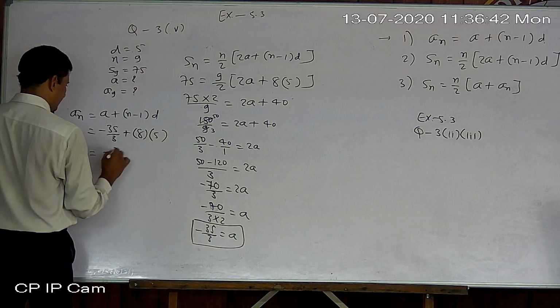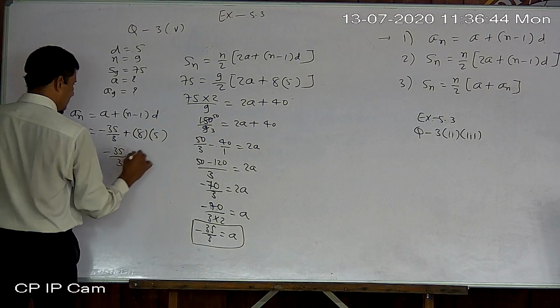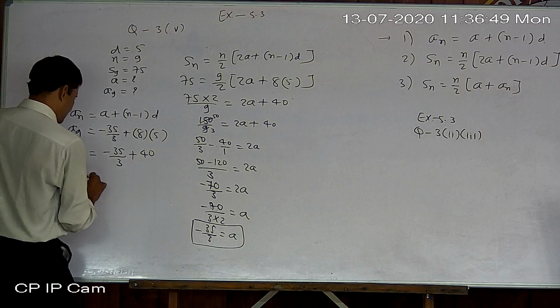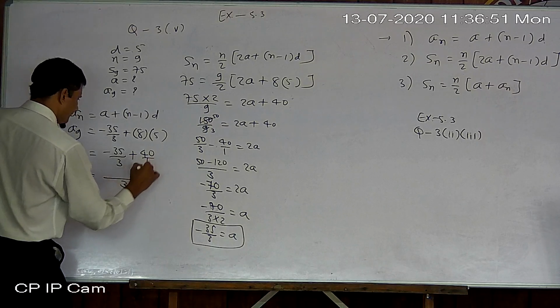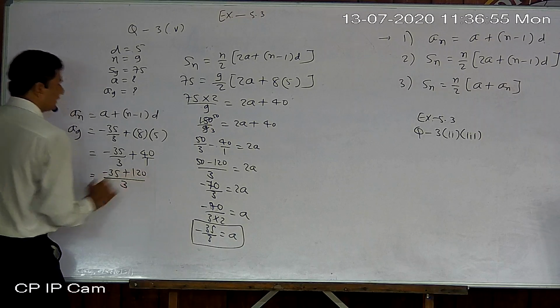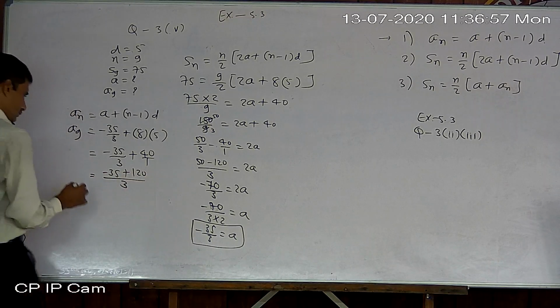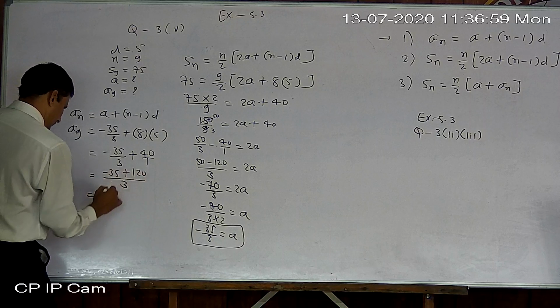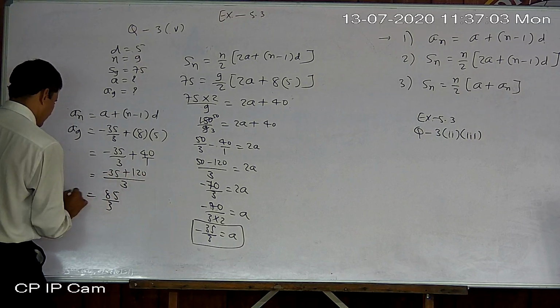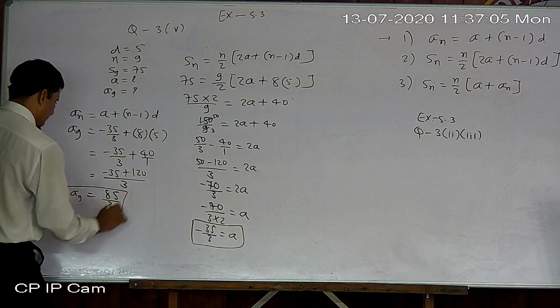So minus 35 by 3 plus 40. So again LCM 3: minus 35 plus 120. So it will become 10 minus 5 is 5 and 11 minus 3 is 8. 85 upon 3. So that is our 9th term.